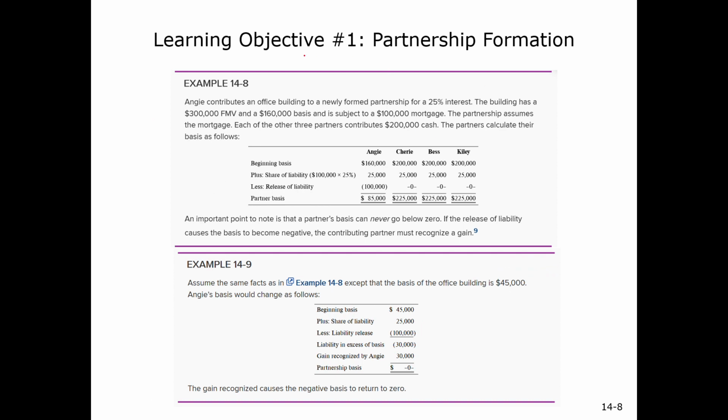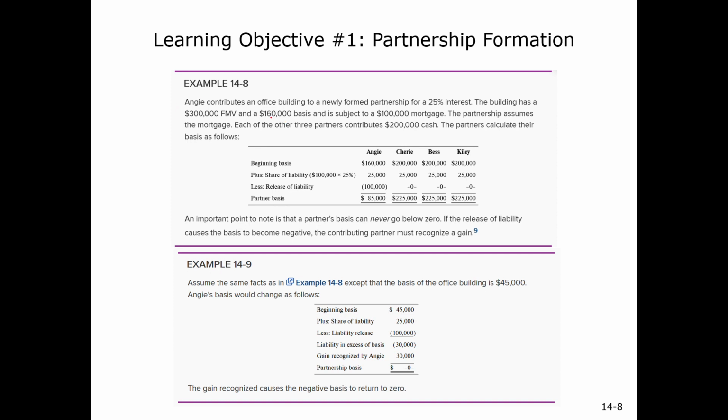In this example, we have an example for release of liability. We have a partnership with 4 partners. We have their respective beginning basis, and we were told that Angie contributed a building with a fair market value of $300,000 and a basis of $160,000.